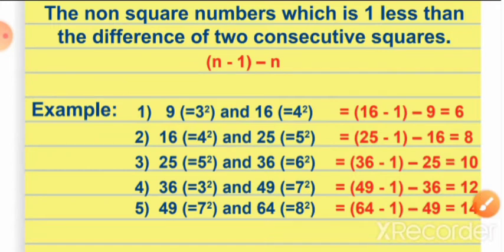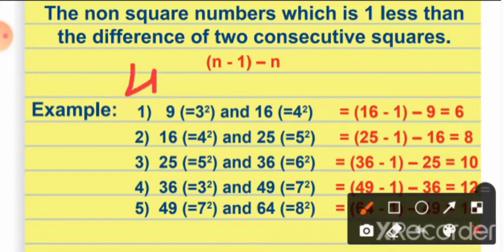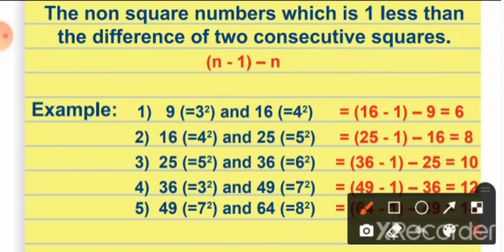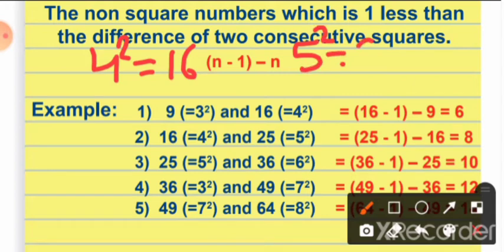Another example, 4 square and 5 square. Check the non-perfect-square numbers. In this situation, the value of n is 4 and n plus 1 is 5. 4 square is equal to 16 and 5 square is equal to 25.